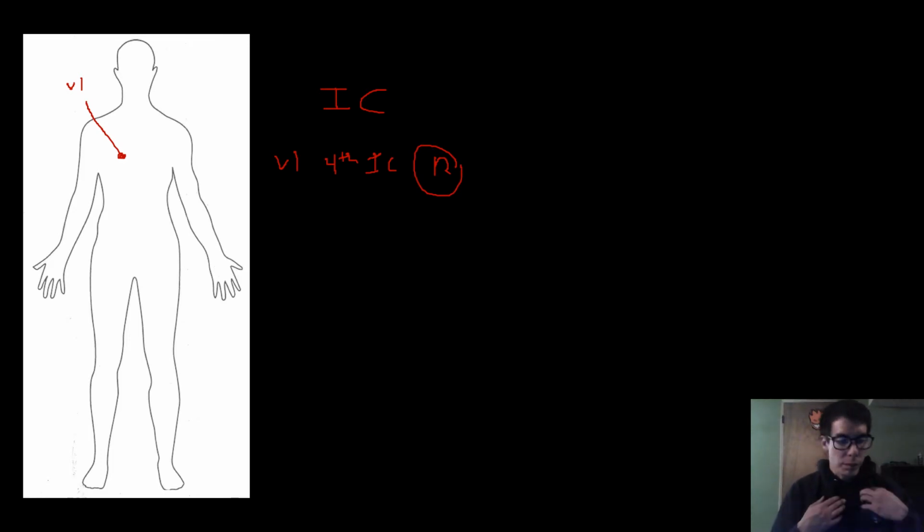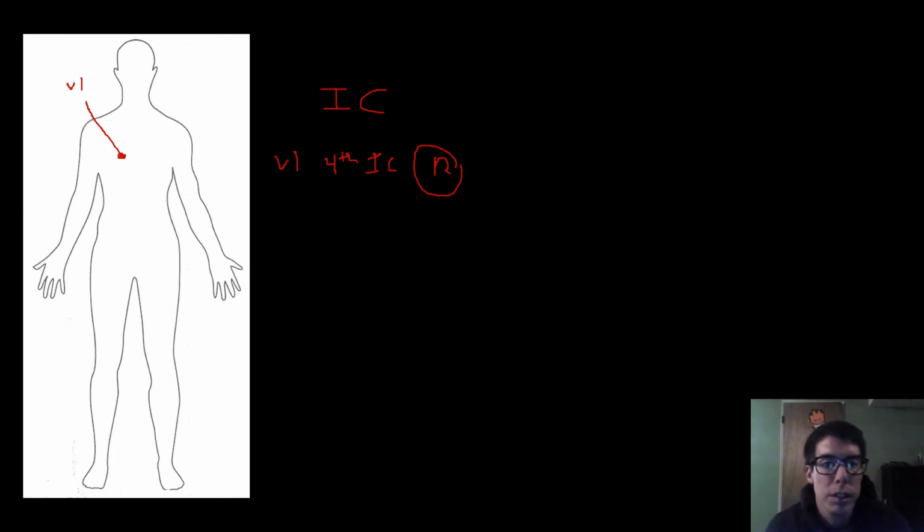So you'll go from the clavicle, or the collarbone, down, feel the first space between the ribs along the sternal border. You'll count down to the next one, second, and you'll go down third, fourth. It'll go right there, just to the right of the sternal border. So that's where V1 goes.